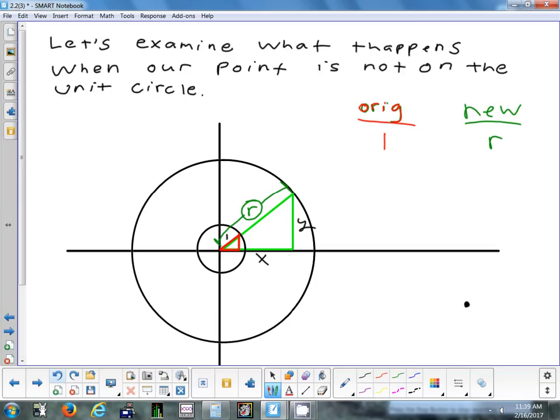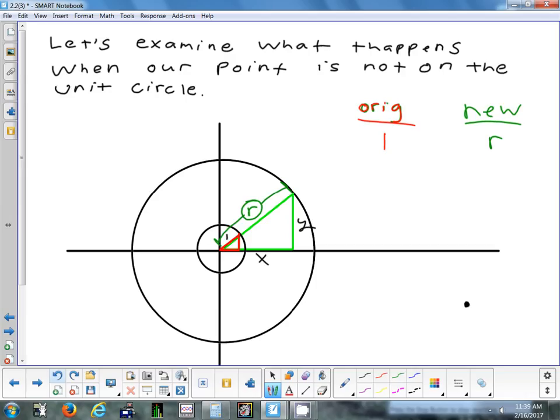What about if this radius was 10 units? How many times bigger than 1 is that? 10 times too big. So we would have to make it 10 times smaller, and it would be back to the size that we want. So if it was 5, that's 5 times too big. You're going to make it 5 times smaller. If it's a 10, that's 10 times too big. You have to make it 10 times smaller.